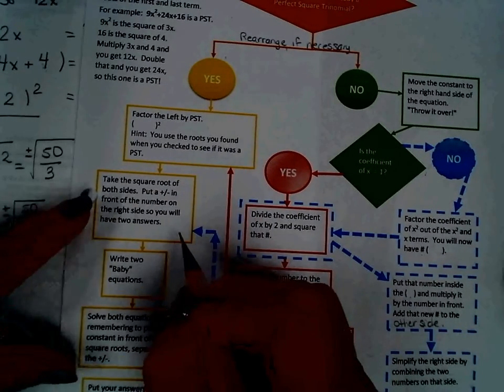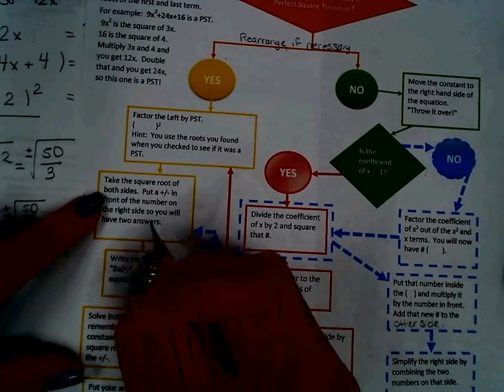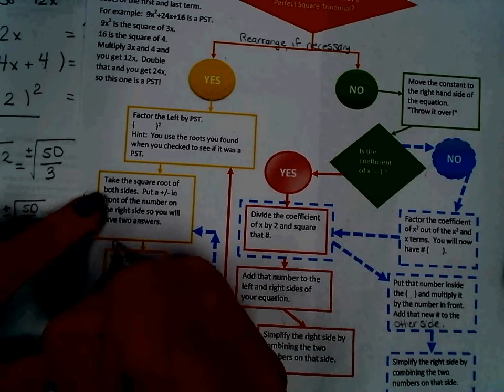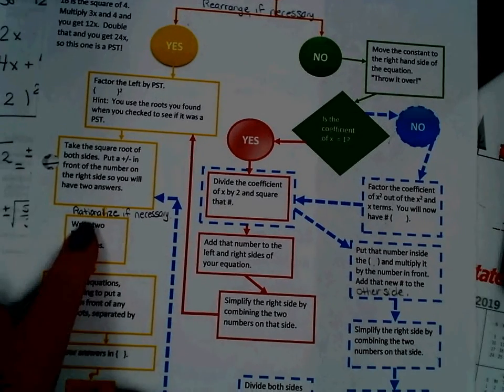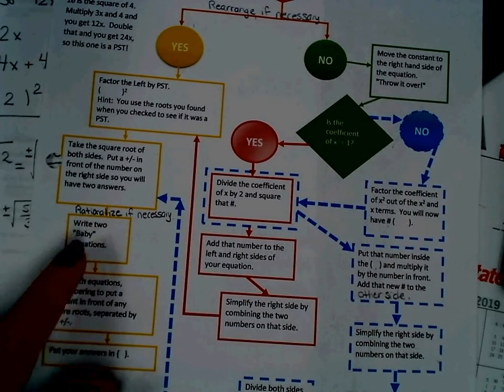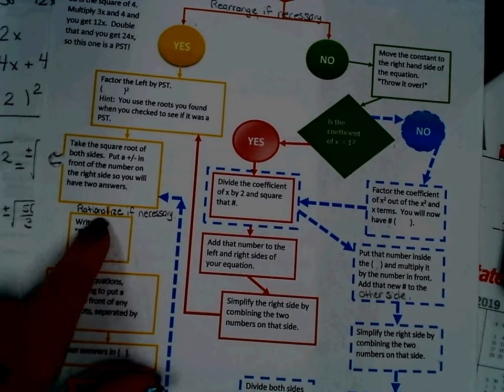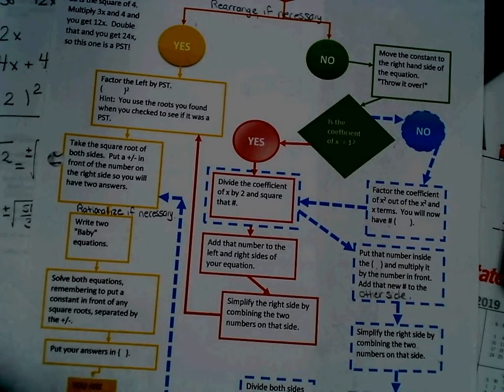But after this yellow step, right in here, if you've already printed it out, we have a step here that I've not put on there that I need to: rationalize if necessary. Well, let me explain to you what rationalize means.